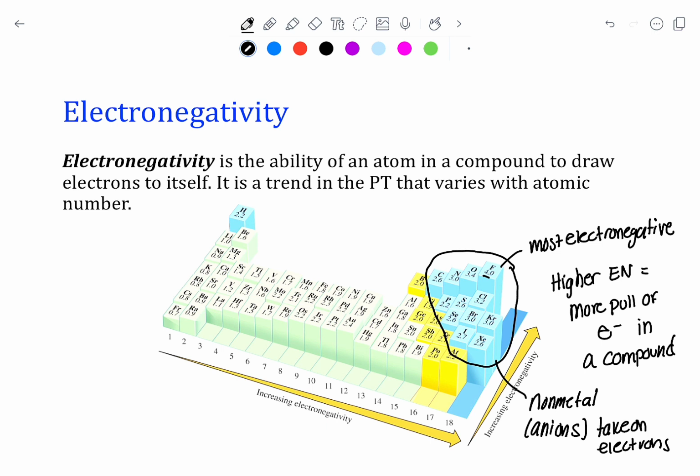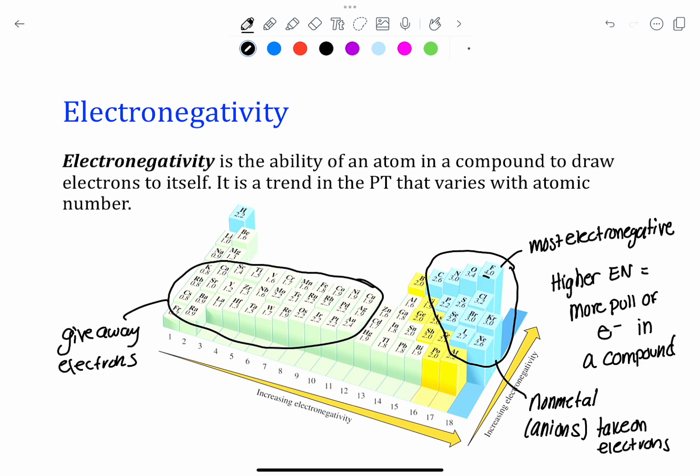Our metals have lower electronegativities in comparison because they typically give away electrons and form cations, and that's why they have the positive charge.